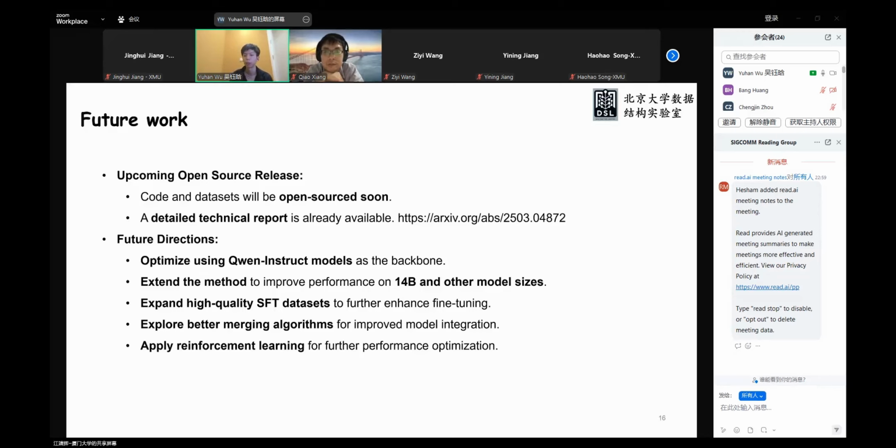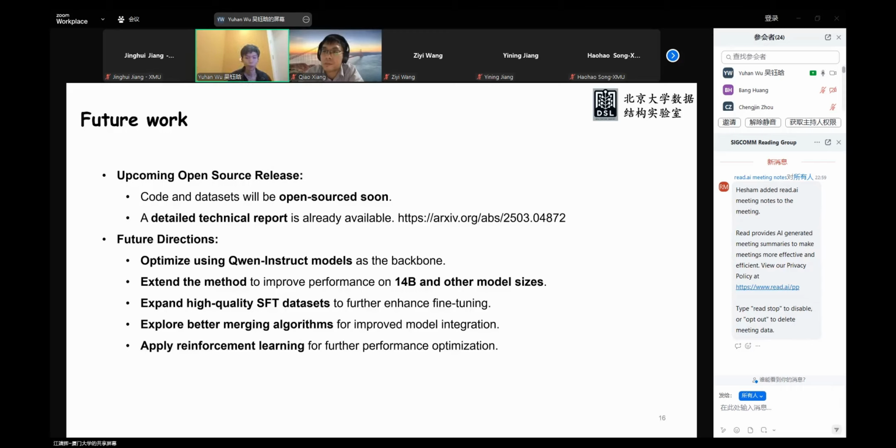Fourth, you can explore more advanced model merging algorithms, which could further refine knowledge integration. We just use the default parameters of the Arcee fusion. I think there's a huge space you can explore in this area.